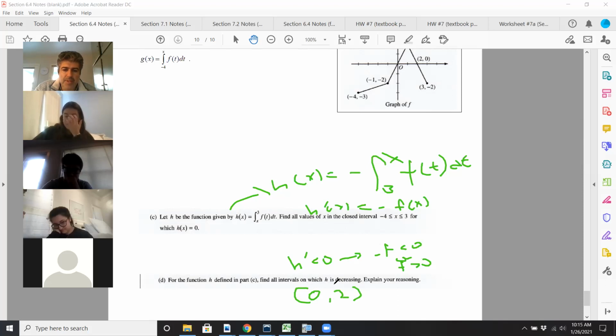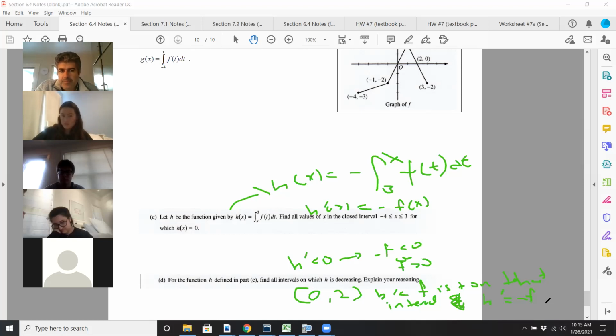And that would be your reasoning, because f is positive on that interval, and h prime equals negative f. And of course, you want h prime to be negative. So if f is positive, then h prime would be negative because h prime equals negative f.